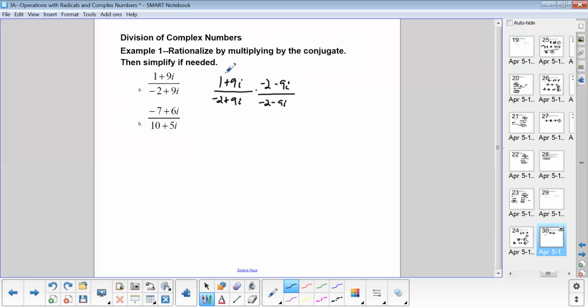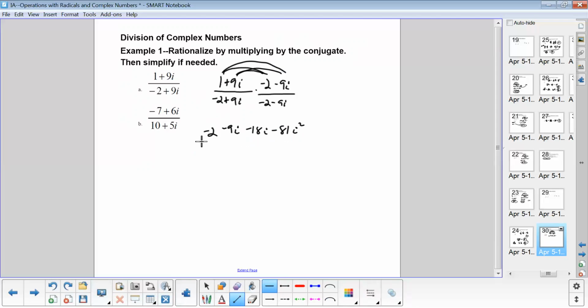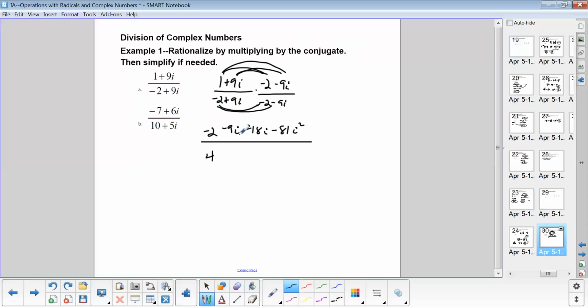So this will give me -2 in the numerator. This will give me -9i. This will give me -18i. And this will give me -81i squared. That's the numerator. And let's use a line here to separate the numerator and denominator. So here, when I multiply, notice I'm multiplying conjugates. So this will be 4. And it will be a positive 18i.